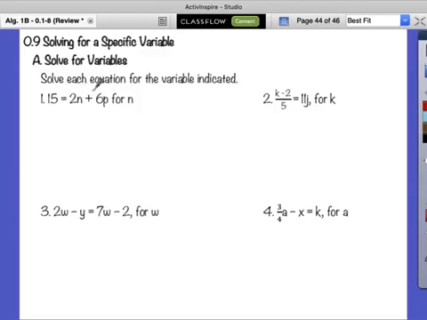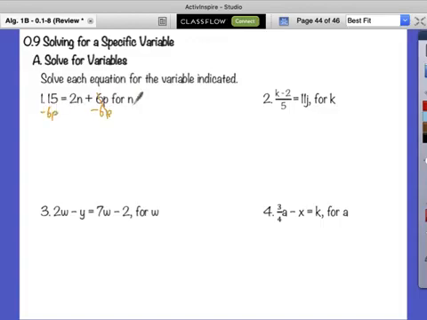Now before, if this was just 6 instead of 6p, if I just cover that p up for a moment and I just say that's 6, what would I want to do with this equation first? Subtract 6, right? So I'm going to do the same principle here, but instead of subtracting 6, I'm going to subtract 6p. Because what is 6p minus itself? 0. Anything minus itself is 0. I'm going to subtract 6p over here.